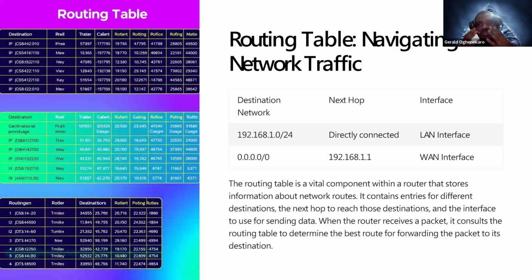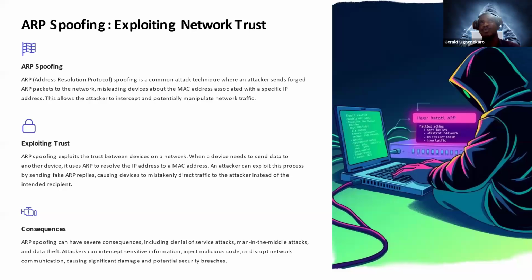If I'm going to walk now, Google Maps will tell me there are 3 roads I could pass: Milan Bridge, Echo Bridge, and whatnot. But it's going to tell me this is the fastest route. If you take this one, there's traffic here, you'll meet a 30 minute, 20 minute delay, and so on. That's what the routing table does to your traffic. It determines the fastest route for your traffic to get to its destination and get back to the source.